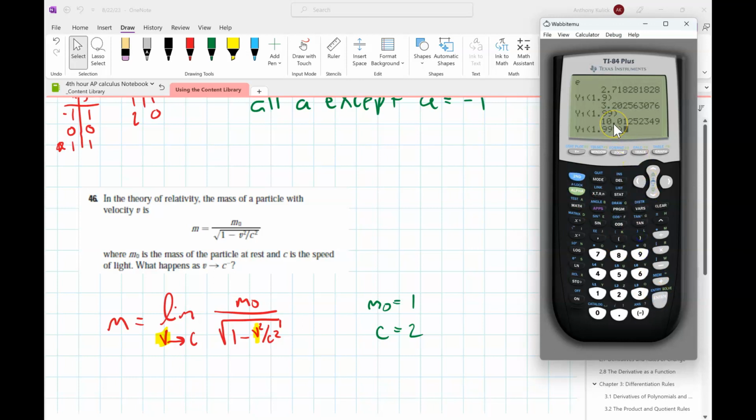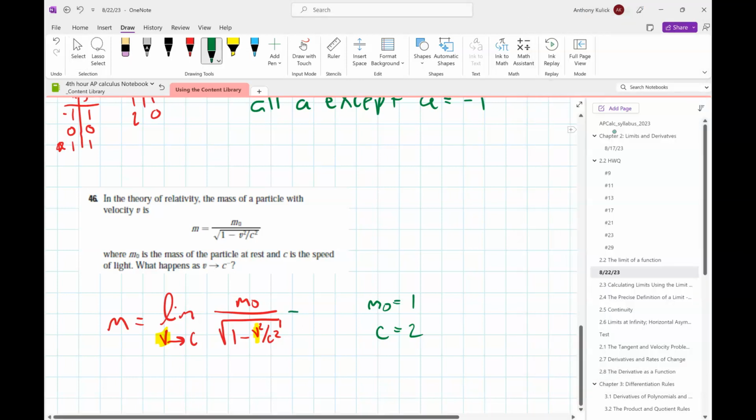That's already past whatever I would have seen on my graph, which makes me think this is just bombing off to infinity, considering it just keeps growing bigger and bigger every time I add a 9 on there. As we're getting closer and closer to 2, that y keeps getting bigger and bigger. This looks like it's heading to infinity.